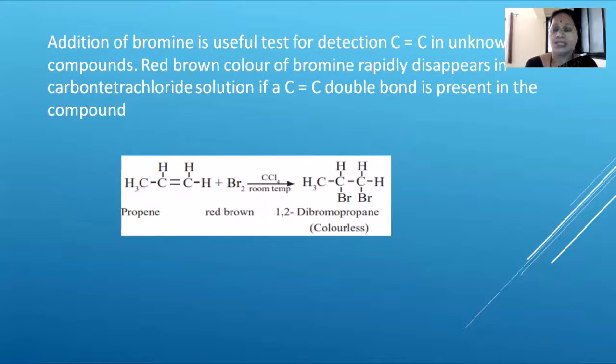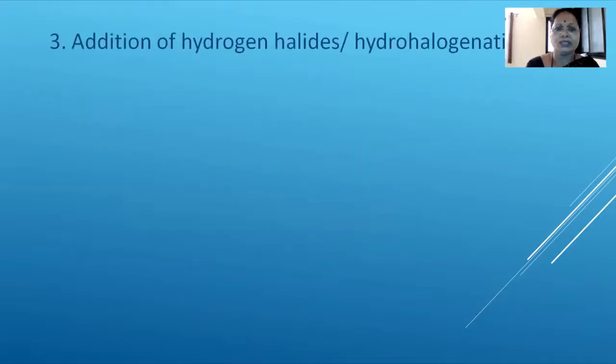So, this test can be used for detection of carbon-carbon double bond. See here, example is given: propene plus bromine. Bromine color red-brown, as it contains double bond, formation of 1,2-dibromopropane, and this 1,2-dibromopropane is colorless. Okay, so this test is useful for detection of carbon-carbon double bond.